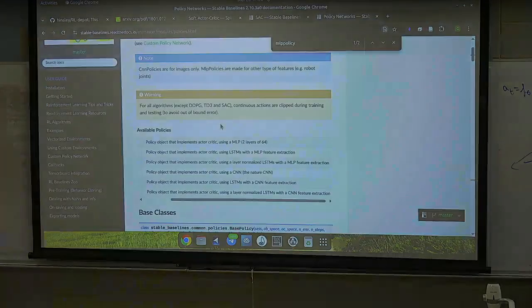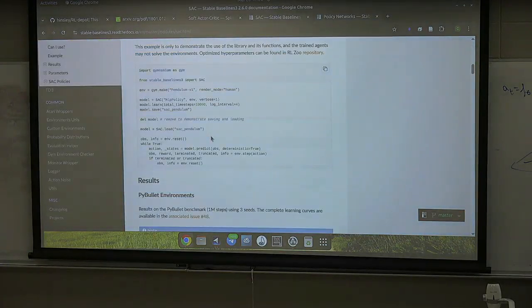What's the log interval? Okay, it's just for logging.